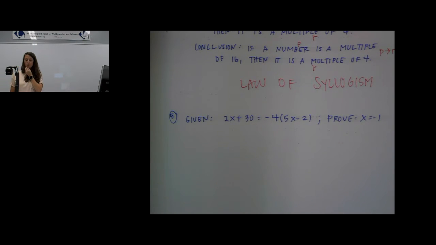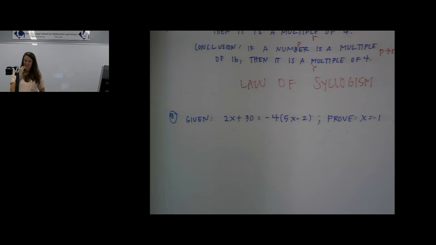Given that 2x plus 30 is equal to negative 4 times 5x minus 2, I want to prove that x is equal to negative 1. Here I want to simplify this as much as I can.